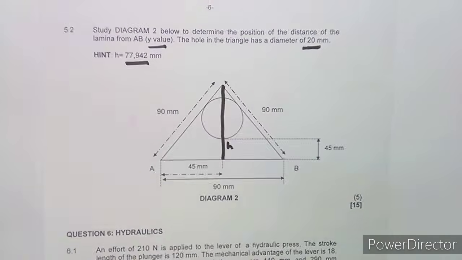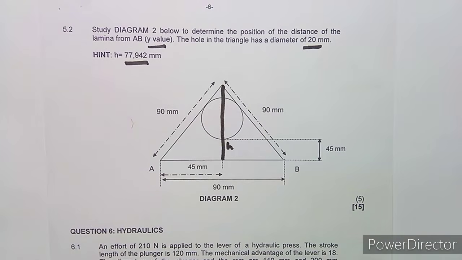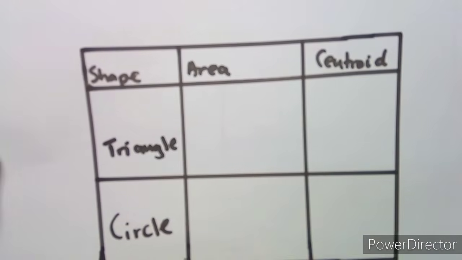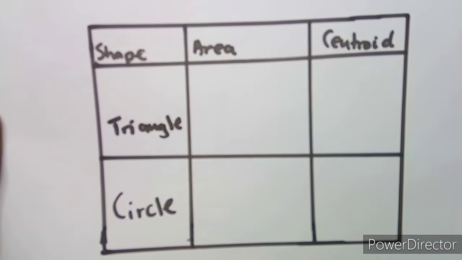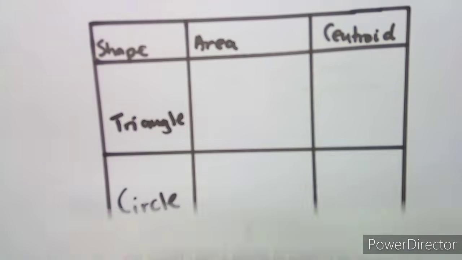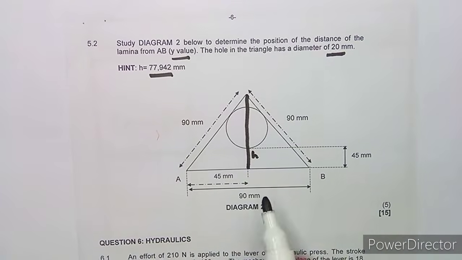All right, so this is what you're going to have, guys, in an easier way, because the question is for us to calculate the y value, and there are different methods that you can work with. I'm going to explain two methods in different ways, in another class, so that we can understand what is happening. The first method is where you are just working with area and the centroid. Remember, this diagram can be subdivided into two.